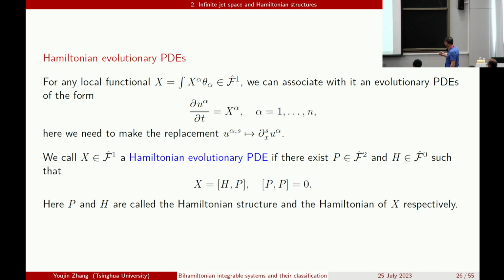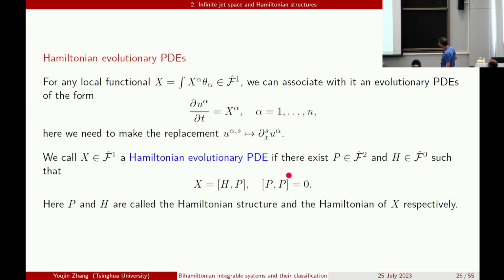And we say that this evolutionary PDE is a Hamiltonian system if there exist a local functional of super degree 2, P, and a local functional of super degree 0, H, such that P is a Hamiltonian structure.